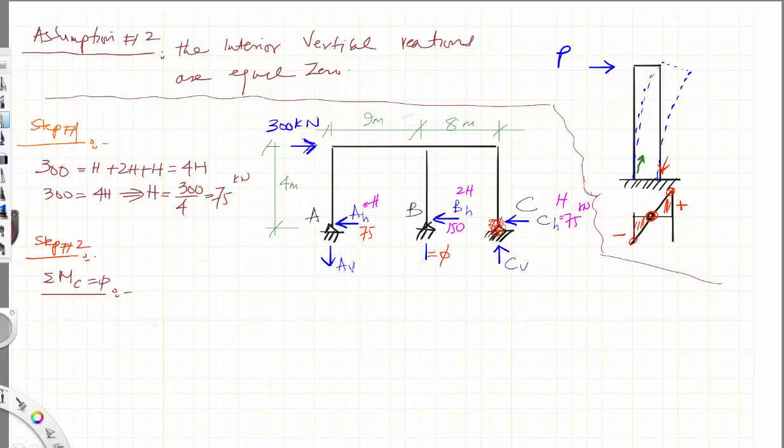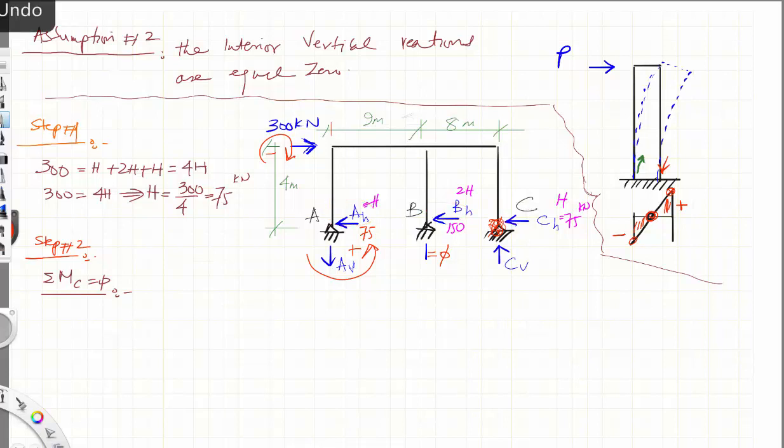So I have the 300 will rotate in this direction, sorry, it is negative. Clockwise is negative. And then I have the AV is counterclockwise, which is positive. And of course, all of these, this one and this one and this one, they're passing through point C, so they will have no rotational effect.